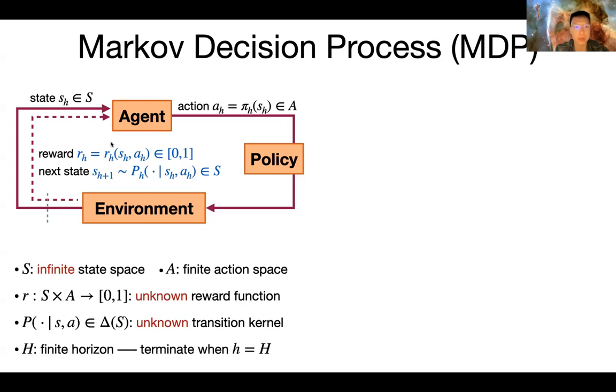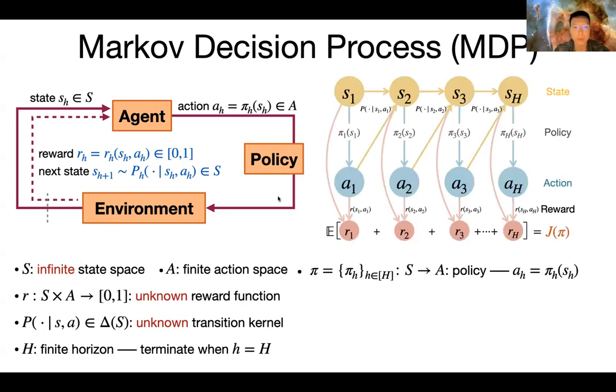In particular, we focus on the episodic case, which means that the number of interactions between the agent and the environment is a finite number, which is given by this capital H. A policy is a mapping from the state space to the action space, which specifies how the agent takes an action at each time step.